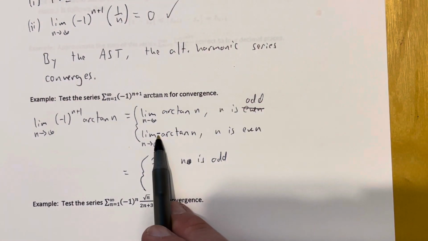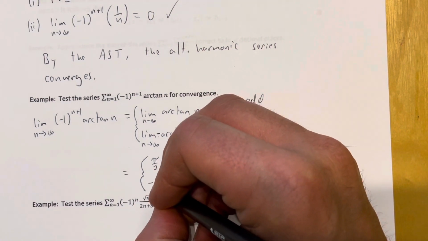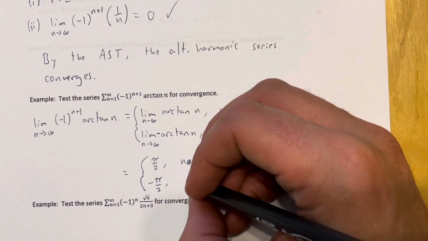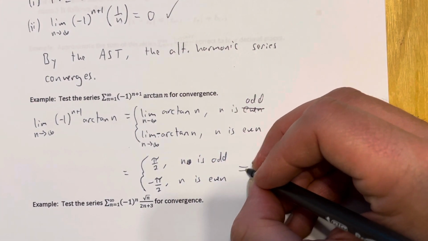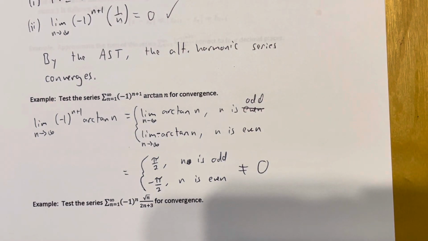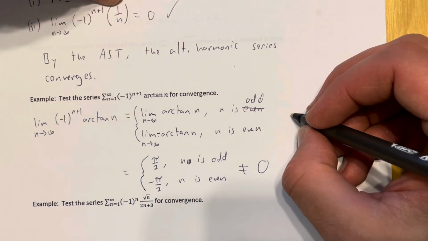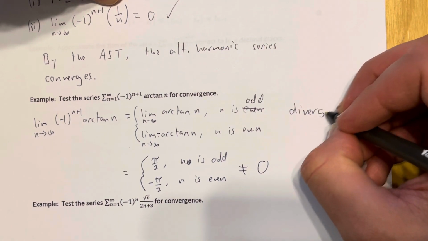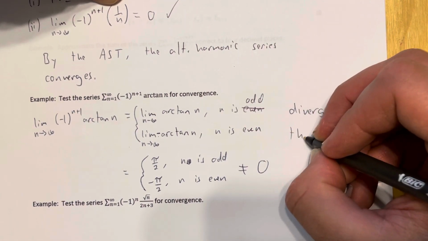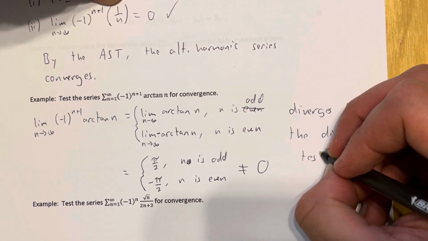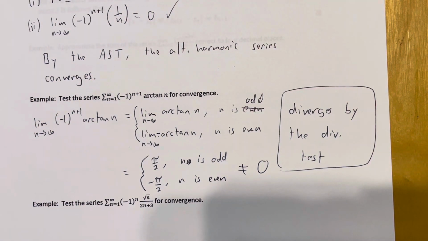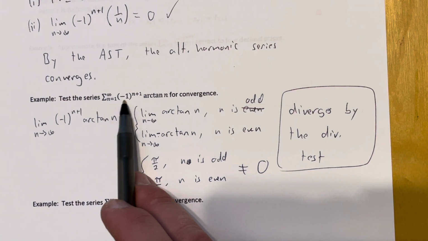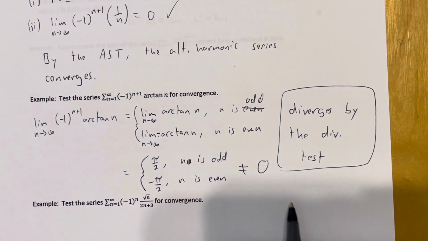In this case, I have a negative out front, so for the other case, arctangent of n is going to approach -pi/2. But in neither case are we getting 0. So this tells me that this series diverges, and this one is by the divergence test. The divergence test says that if a series converges, then the limit of its sequence of terms has to go to 0. So if we don't see that happening, then the series must be divergent.